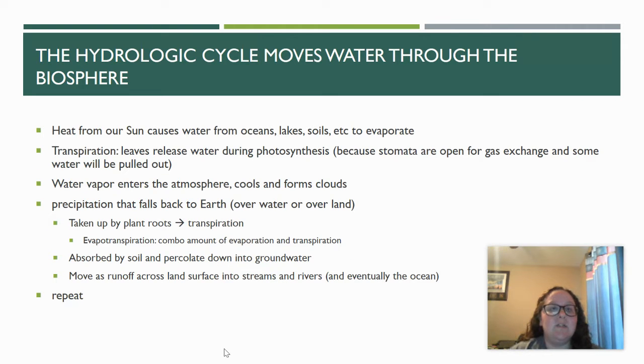Let's look at the different parts of the hydrologic cycle. The first thing that happens is a cycle, so maybe it's not first, but one of the things that happens is that heat from our sun causes water from our oceans, lakes, and soils to evaporate. We also have water leaving close to Earth's surface from plants via transpiration.